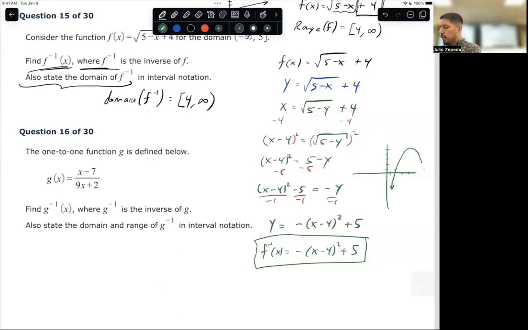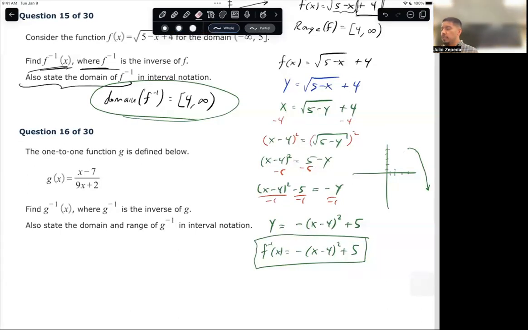Now, I'm actually making a mistake here. We know it's a parabola facing downward, but because of the domain, we said the domain of this is from 4 to infinity. So I've made a mistake by including that half there. I need to delete that half there. And that is the inverse function.